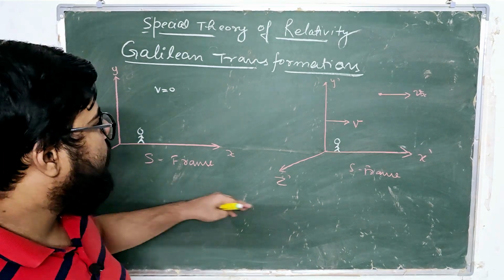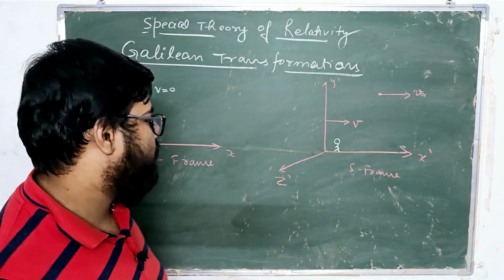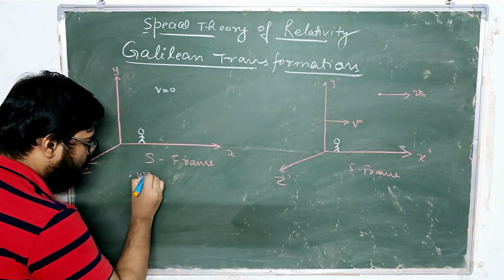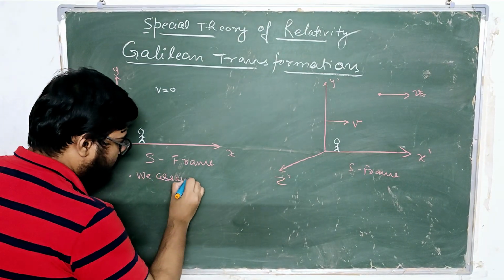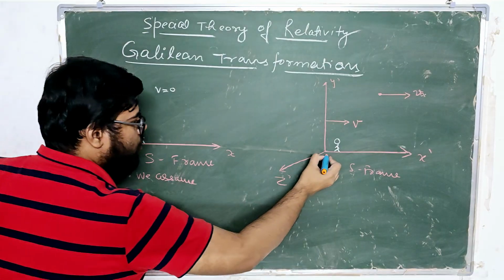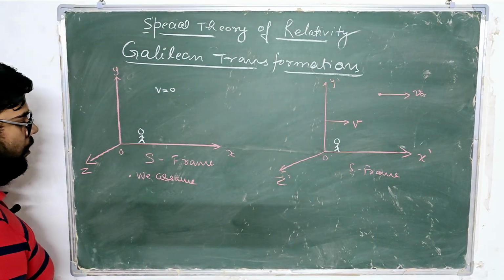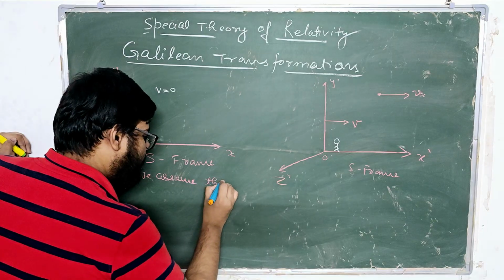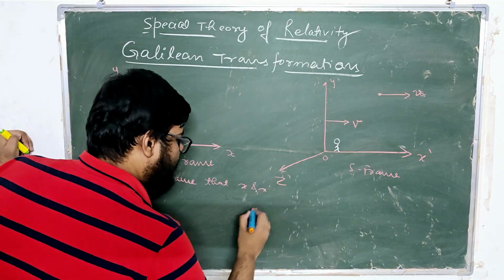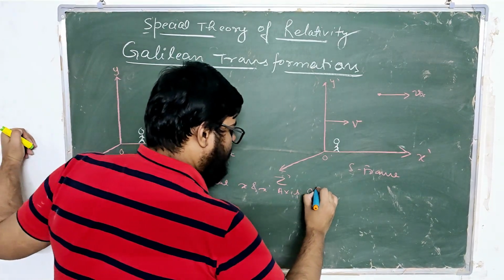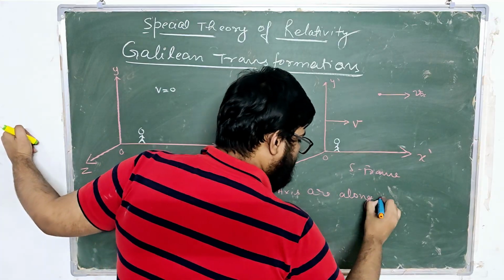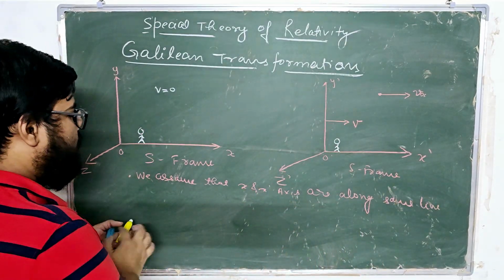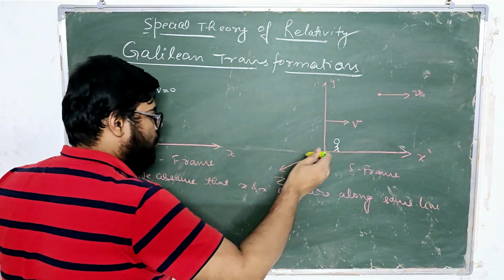First of all, we have to understand the concept behind this. Suppose this origin O and this O dash, we assume that the x and x dash axes lie along the same line. We choose it like this.